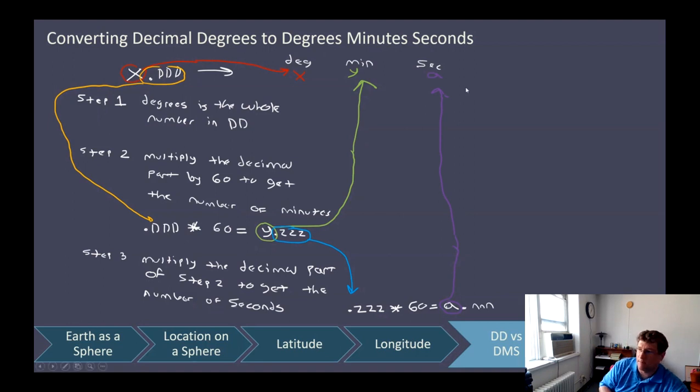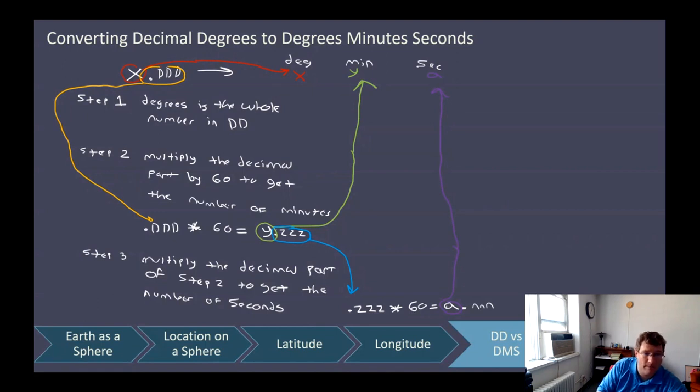So to take a step back and understand the process, given some whole number degree plus a decimal portion to the next, the first thing we do is take that whole number degree, that's the number of degrees in degrees, minutes, seconds. That doesn't change. Next, we take whatever decimal portion of a degree, whatever proportion to the next degree we've gone, and we multiply that by 60 to get the number of minutes.